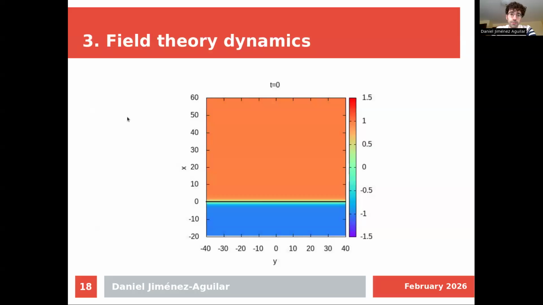Now let's see what is the field theory evolution of this configuration. Here the colors again are the values of the scalar field, and the black curve is the solution to the Nambu-Goto equation.